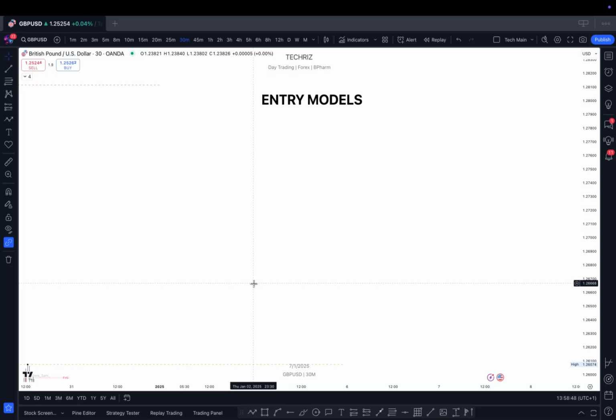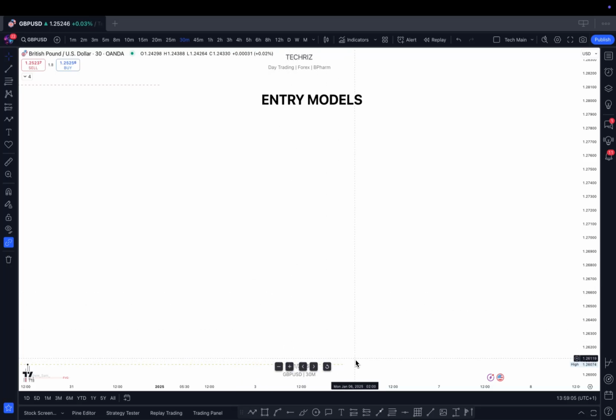These are patterns that have been tested and trusted. So let's proceed.